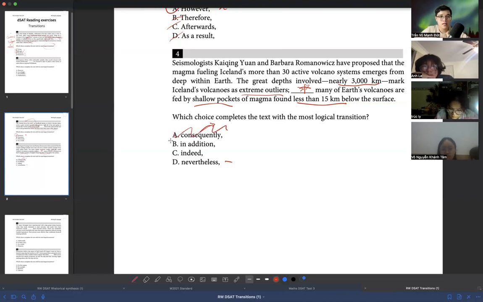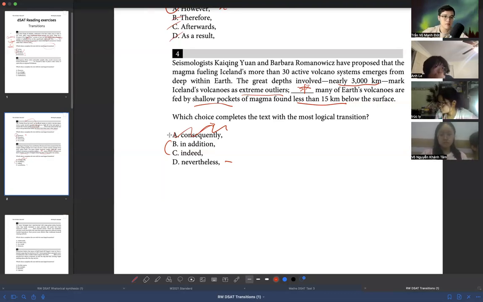And B and C, let's ponder about B and C. "In addition" means that you add a different kind of information, unknown information that we haven't mentioned before. But "indeed" means that you are reaffirming the previously mentioned idea.